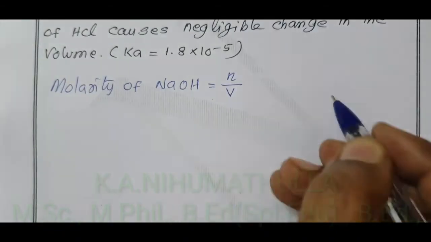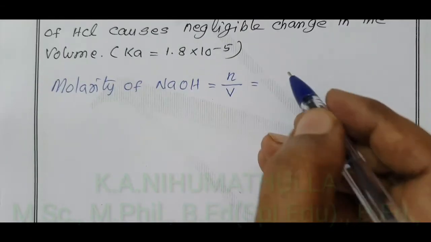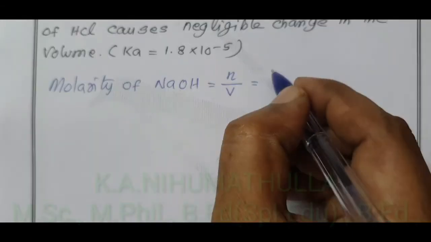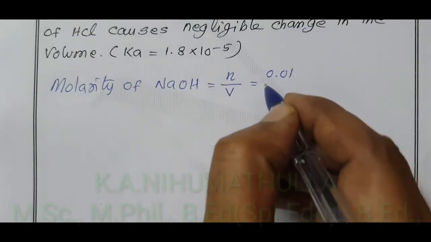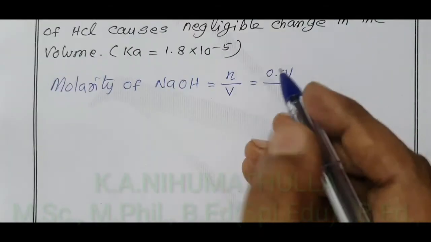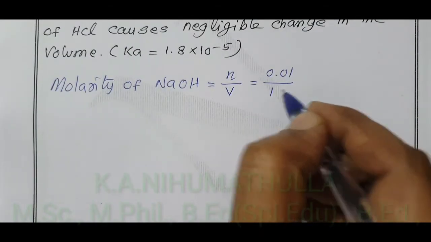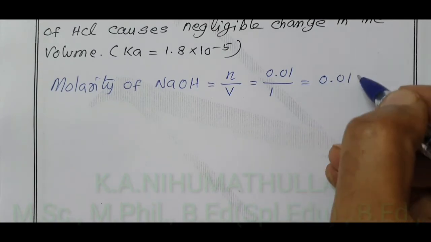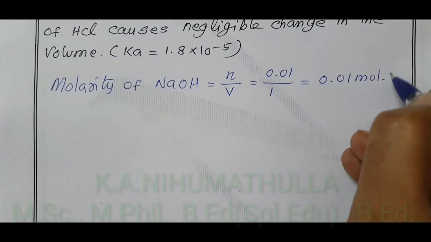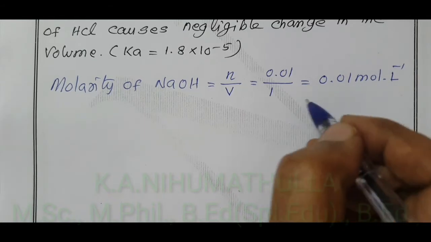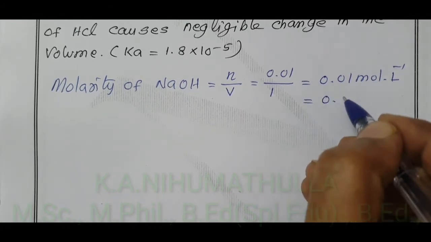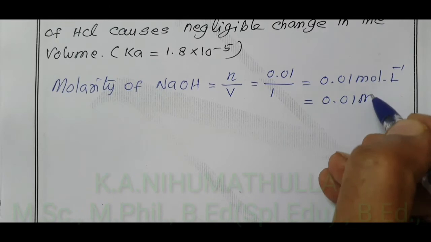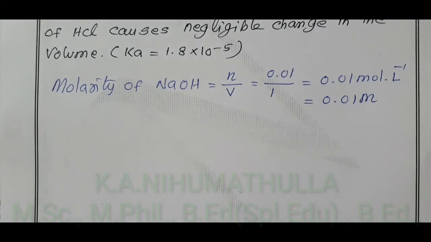N by V, N equal to number of moles. Number of moles of sodium hydroxide equal to 0.01 divided by volume given is 1 liter, so equal to 0.01 mole liter power minus 1, simply taken as 0.01 molarity capital M.